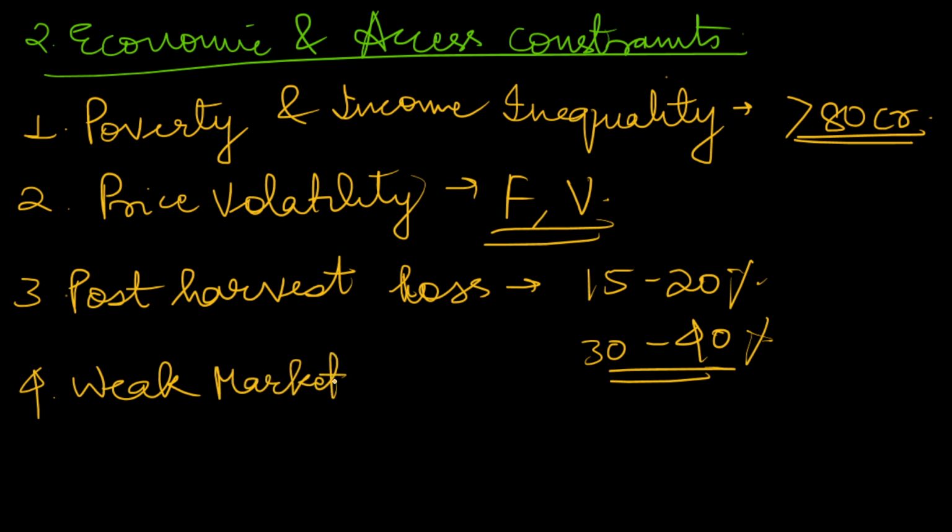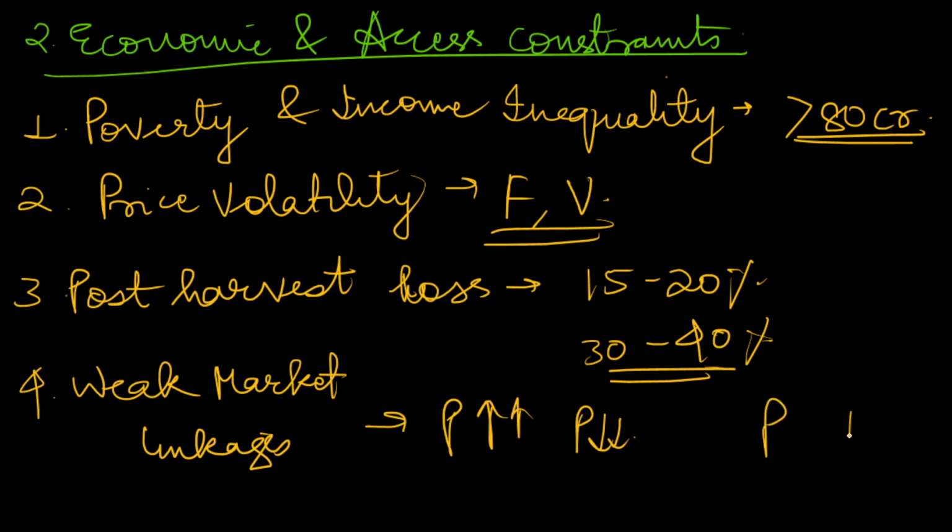In some areas where production is good, the prices are very low, but in some areas where production is not good, prices are very high. The linkage between these areas is very bad. So weak market linkages is another problem. This is economic and access constraints.